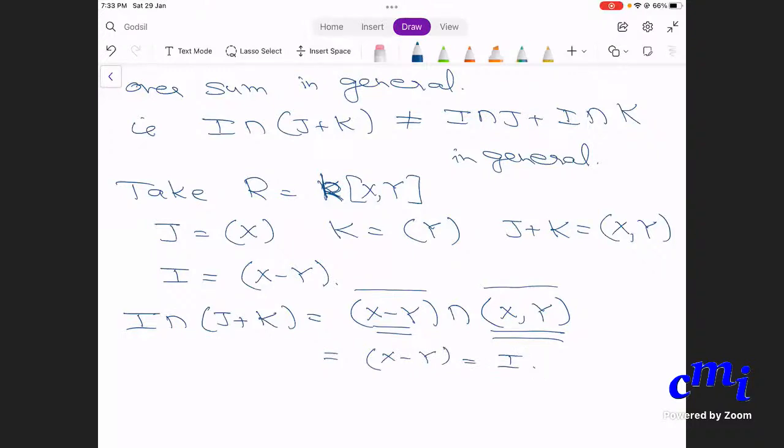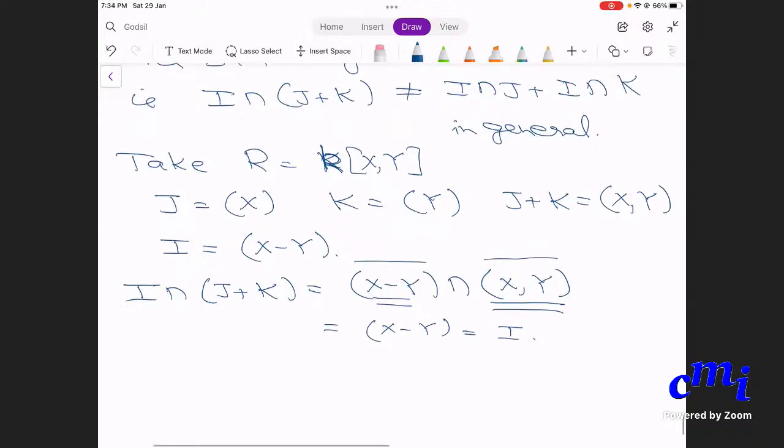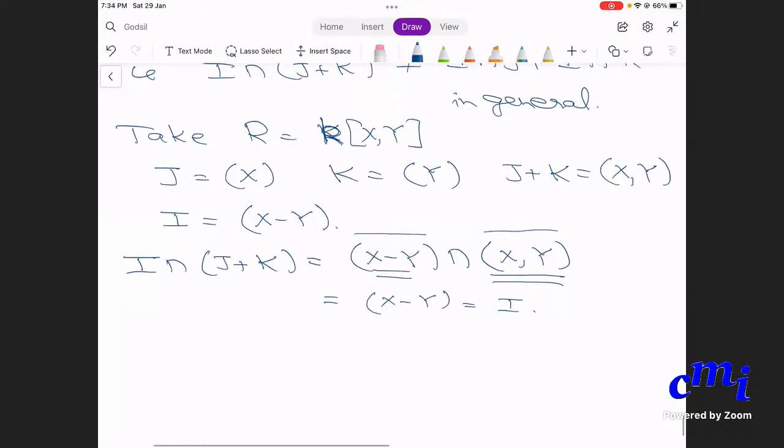It's more interesting to see what is I ∩ J and I ∩ K. Now that's a more interesting thing. So let us try and see what is I ∩ J. I ∩ J is (x - y) ∩ (x). This means all polynomials which are divisible by x - y and also by x. If you have a polynomial which is divisible by x - y and x, one can show this, because this ring is a unique factorization domain, that in fact this is the ideal generated by x² - xy.